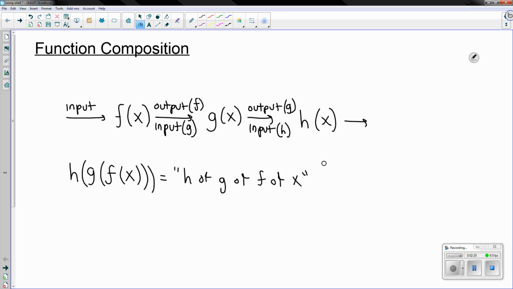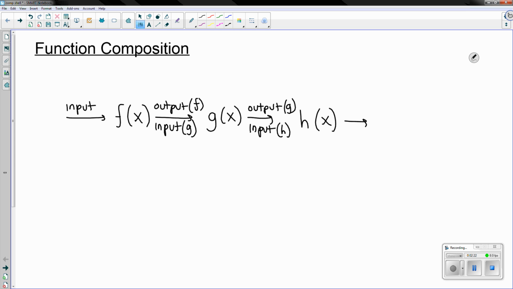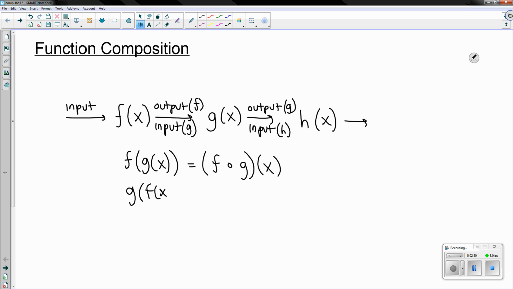Now some alternative notation would look like the following. Let's say that we have composition that looks like f of g of x. You could also see this notation, which means the same thing: f open circle g of x. Or let's say we had g of f of x. That would look like g open circle f of x.